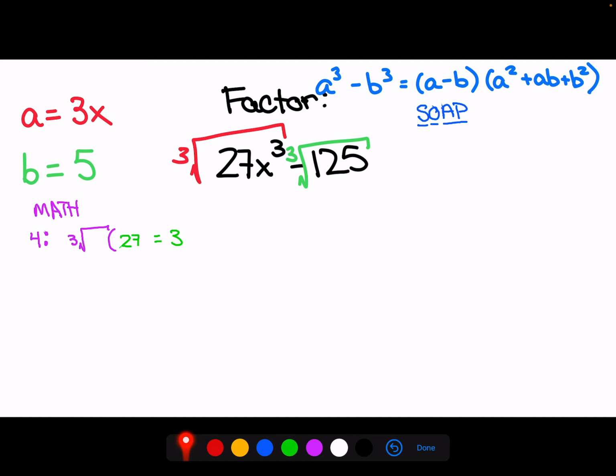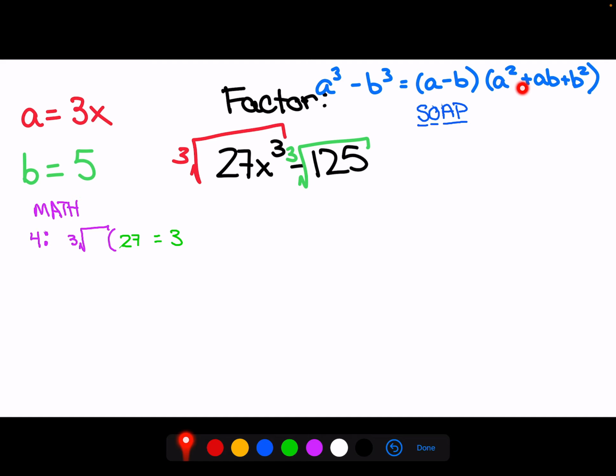A sum of cubes is a little bit different, and I'll show you that in a second. SOAP just deals with the signs. So I focus in, and we see that we're dealing with a negative, and that's the same with our actual problem. So if I'm dealing with a negative, then my signs are going to go same, opposite, always positive. And that'll always be the case.